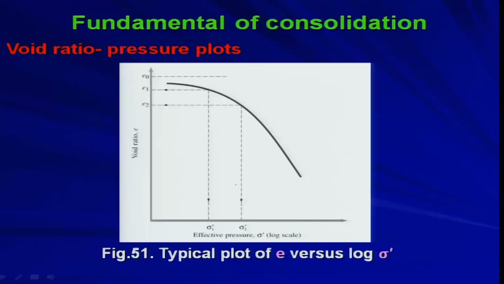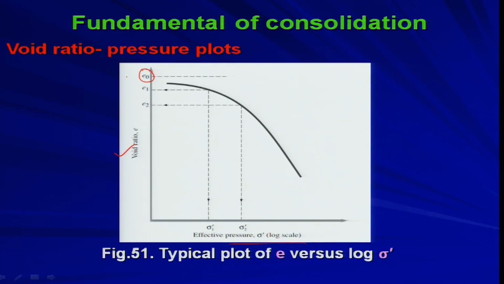Now, in this lecture, we will see how the plot looks. Along the y axis you have the void ratio e, which is the normal axis, and along the x axis, which is the log scale, you have the effective pressure. Say e naught was your initial void ratio.